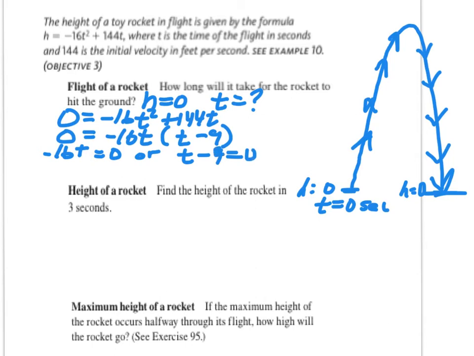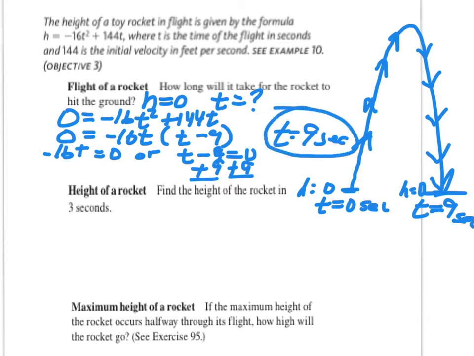And this t minus 9 is what's going to count. This is going to get me a solution of 0 there. But when I add 9 to both sides, I get that t equals 9 seconds, and that's how long it took for it to go all the way up and all the way down. So this is the one that matters. T equals 9 seconds.